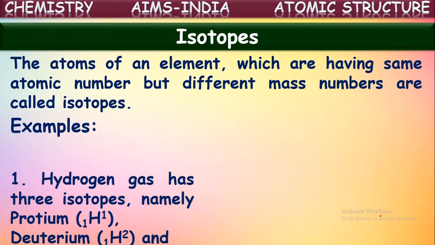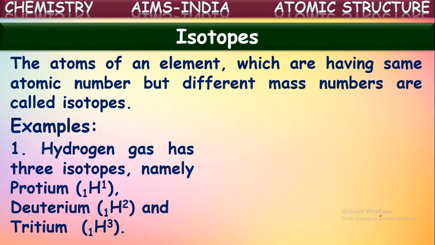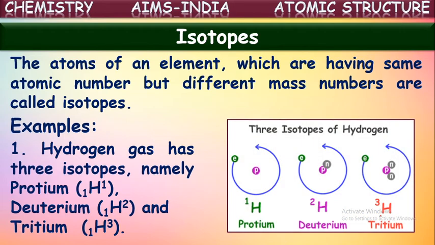For example, hydrogen gas has three isotopes, namely protium, deuterium and tritium. These three are isotopes of hydrogen. See, diagrammatically you can represent it like this. The first one, protium: the number written in the subscript represents the atomic number, meaning the number of protons.